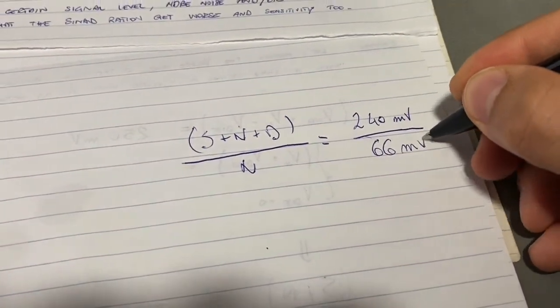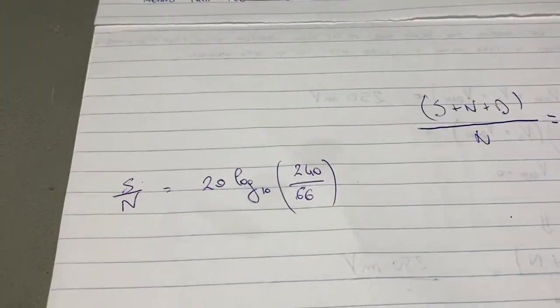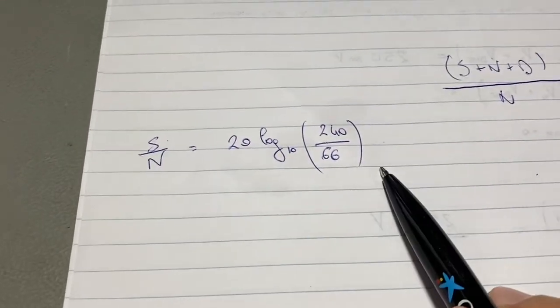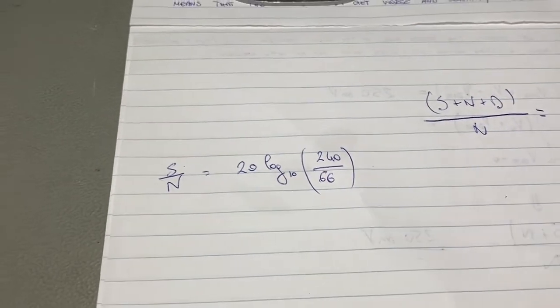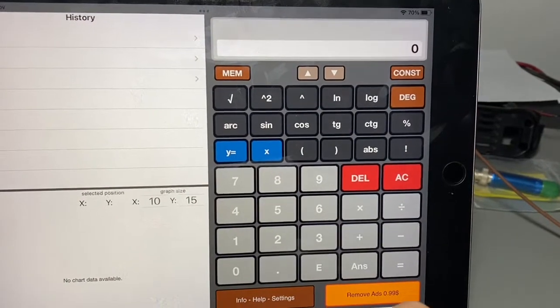I wrote the entire formula again, and let's do the math now with the help of a calculator, of course.